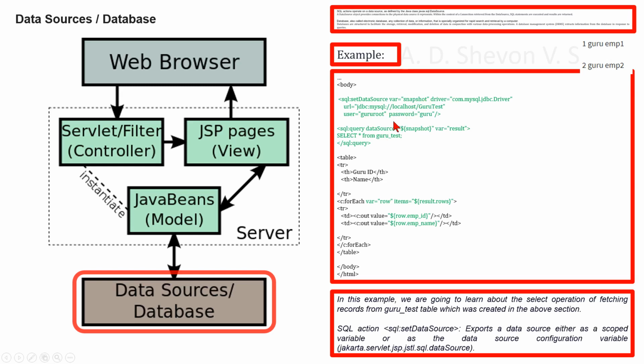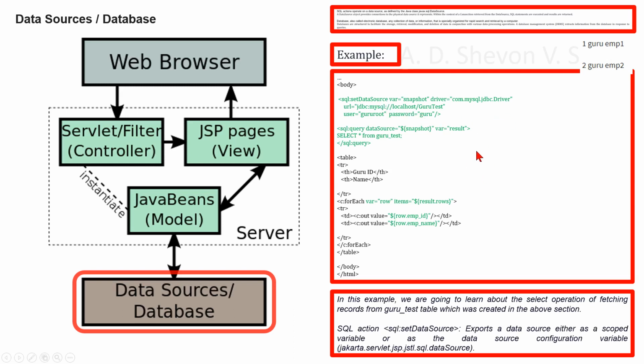Here the SQL colon dataSource exports a data source either as a scoped variable or as the data source configuration variable jakarta.servlet.jsp.jstl.sql.dataSource.